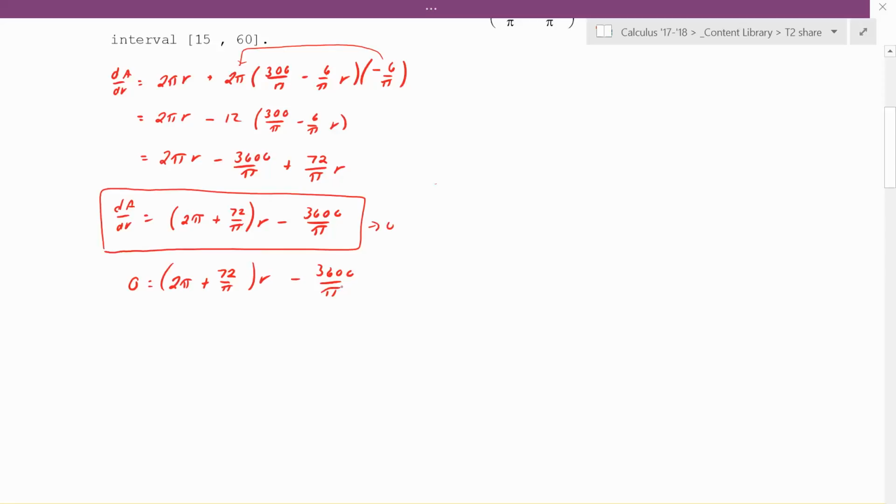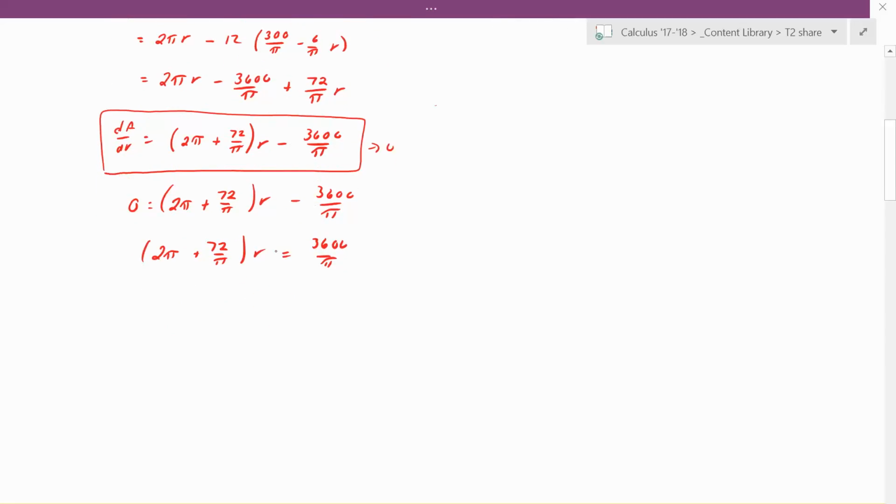Add 3600 over pi to each side. I've got 2 pi plus 72 over pi r equals 3600 over pi. And then divide each side by everything that's in the parentheses. I've got 3600 over pi divided by what's in the parentheses, or I could have multiplied by 1 over the parentheses.